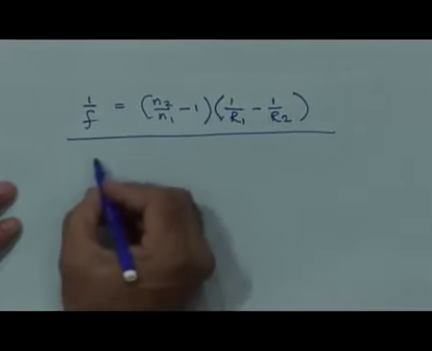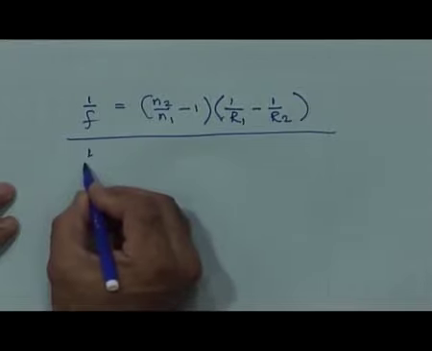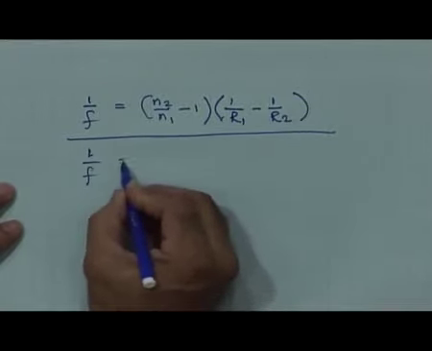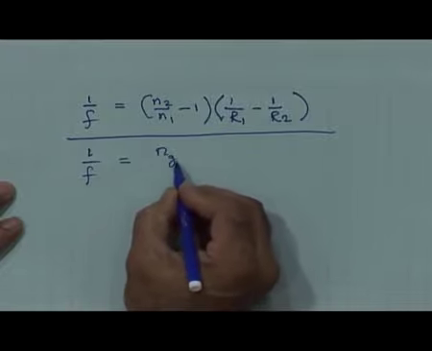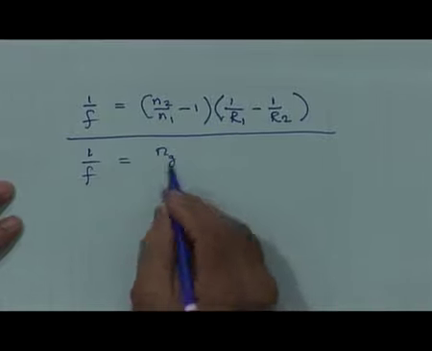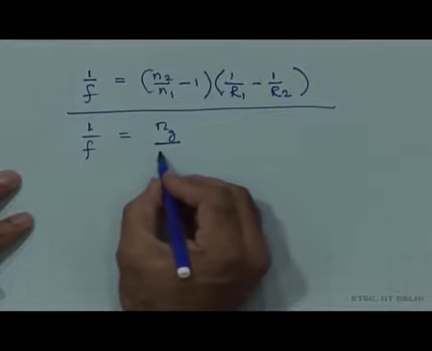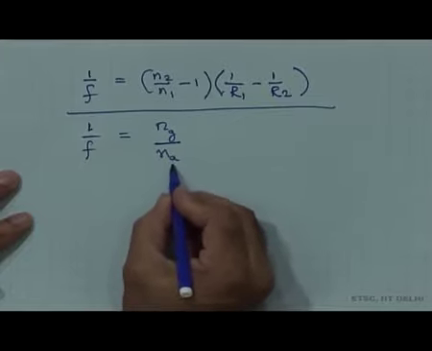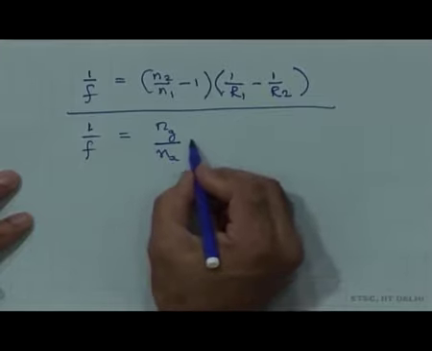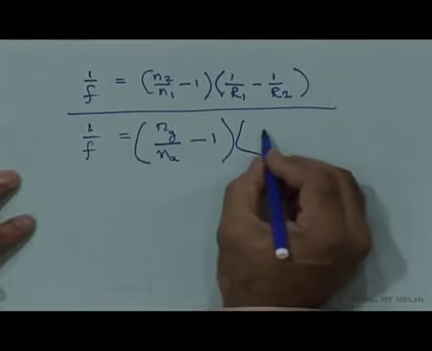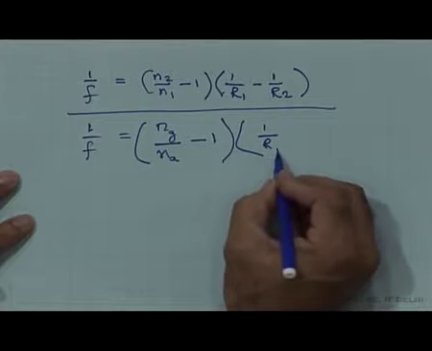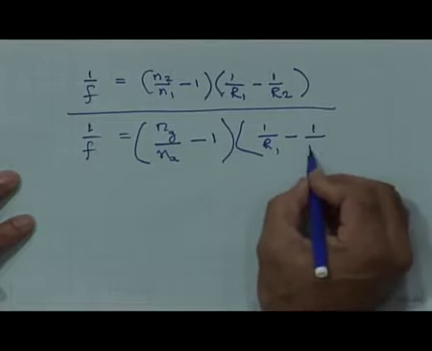So, for the particular case, the problem, it is f when it is n glass. So, let me write this as Ng standing for n glass, divided by n air. So, Na is refractive index of air, minus 1, multiplied by 1 over r1 minus 1 over r2.